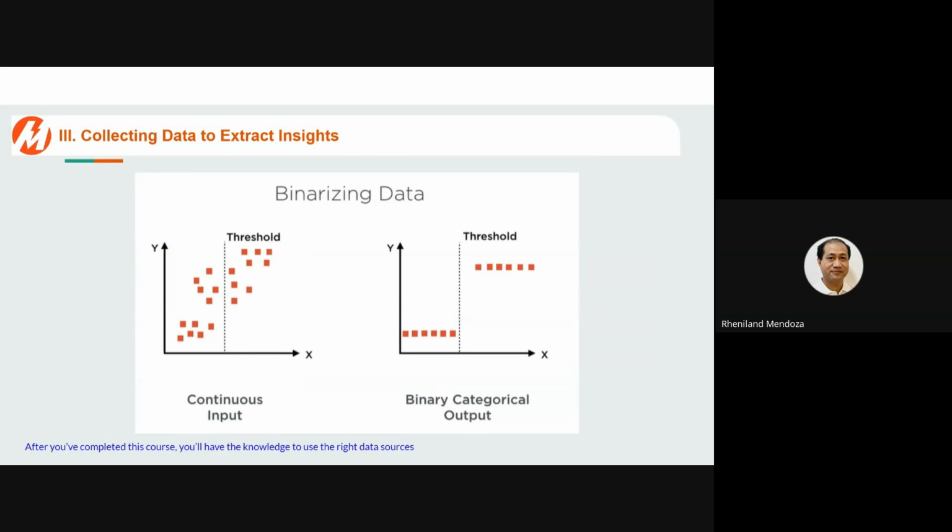Now, all of the points which lie above, or to the right, of this threshold can have one value. Let's say it's 1. Points that lie to the left of the threshold will have another value. Let's say it's 0. Now, the objective of binarizing data is to convert continuous input to a binary categorical output. Okay, binary meaning it only has a value of 0 and 1.